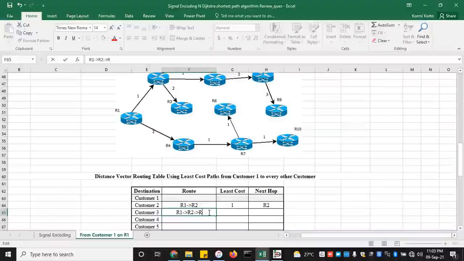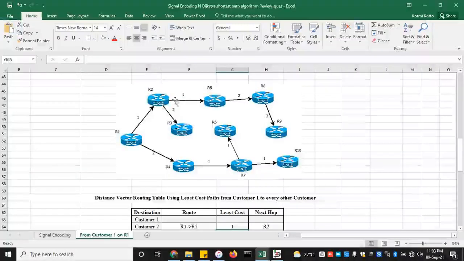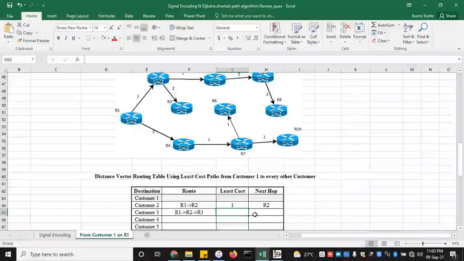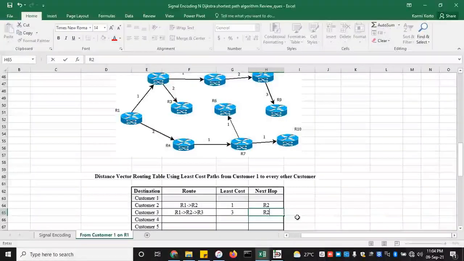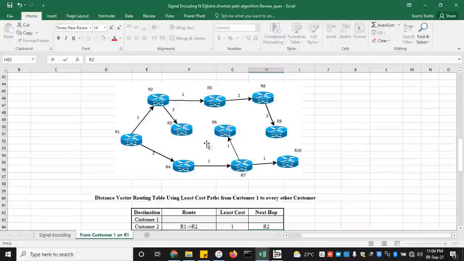And the cost was 3, right? 1 plus 2 was 3. And the next hop was R2, obviously, because you had to go to R2 to get to R3.